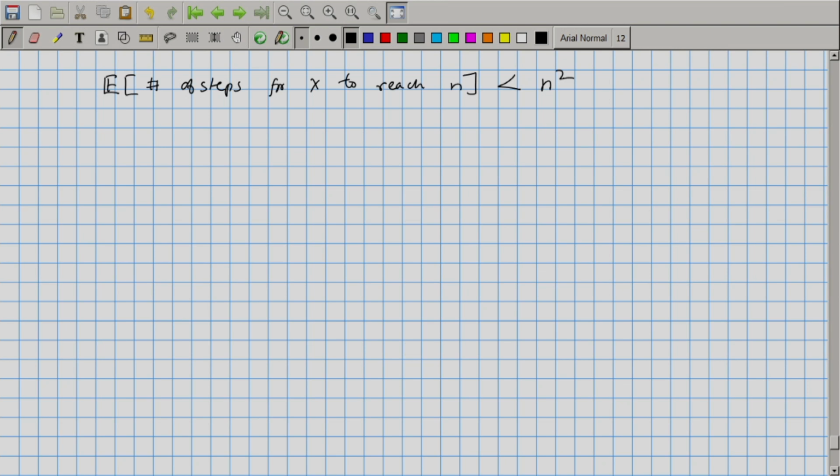Okay. So, if we denote this number of steps by the random variable t, the expectation of t is going to be less than n square, and therefore, the probability that t is greater than 2 n square is going to be less than half. This is Markov inequality. Okay.